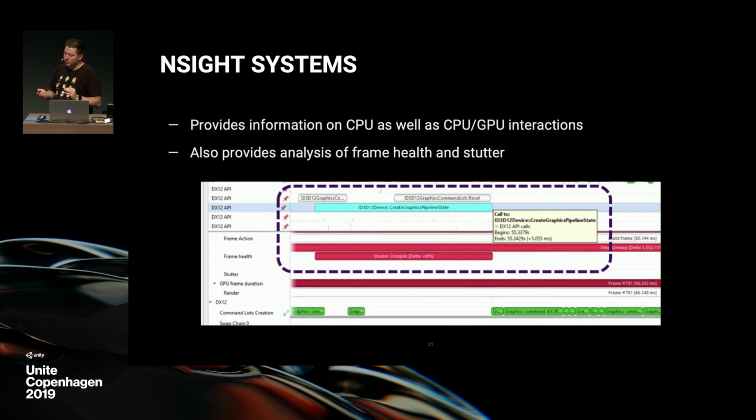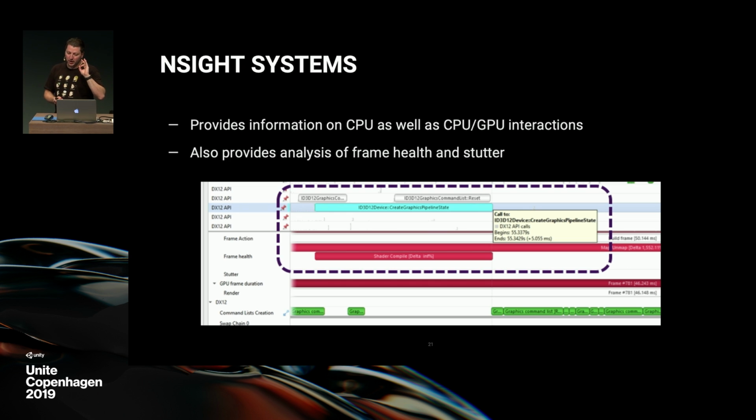So, Nsight Systems. This tool is used to help you find resource barriers and fences and other things that can starve the renderer if you're not using it correctly. There's two really cool things I want to mention about this as well.